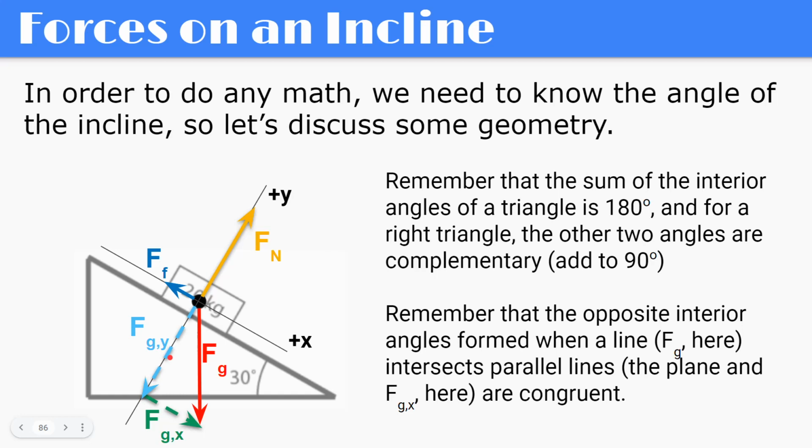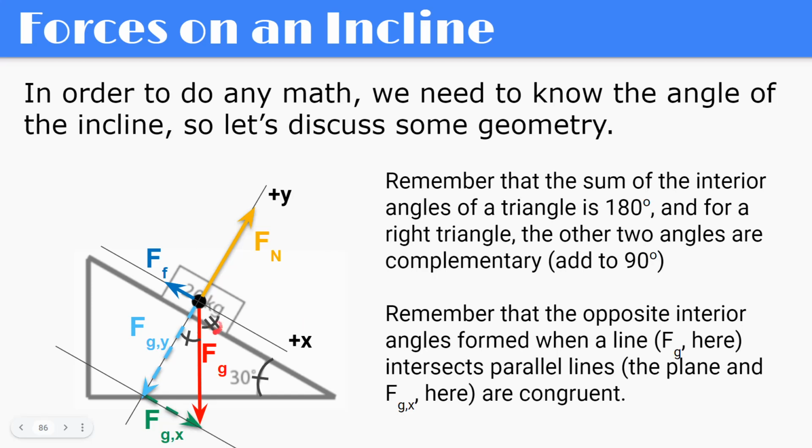If you have the angle of the incline given to you, you're going to have to use a little bit of geometry to figure out what the angle is that you're going to use with these components. But it's going to match this angle. So again, that angle is equal to this angle. They're both, in this case, 30 degrees.